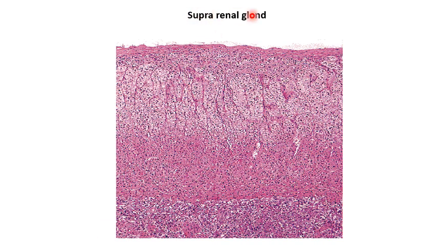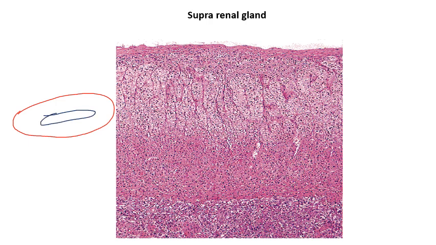Here is the suprarenal gland. The suprarenal gland is formed of outer cortex and inner medulla. You can see all the section under the microscope. The outer cortex is acidophilic, while the inner medulla is basophilic.